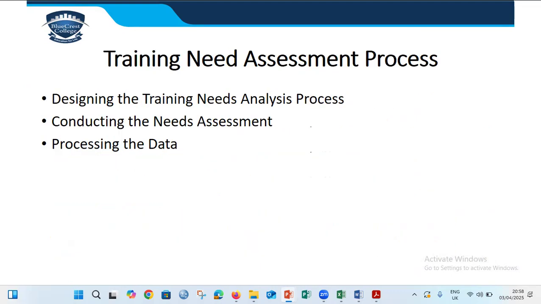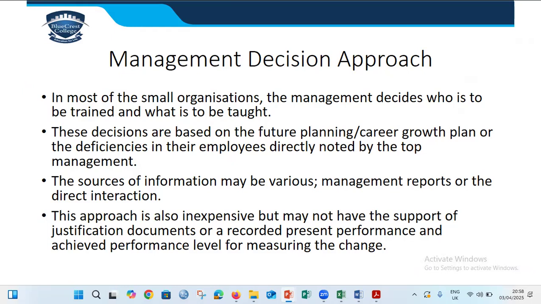Then you have the management decision approach, which is used by most small organizations. In organizations which are not so big, you realize that the management decides who has to be trained and what the training is for. So in this case, they don't really perform any needs analysis.